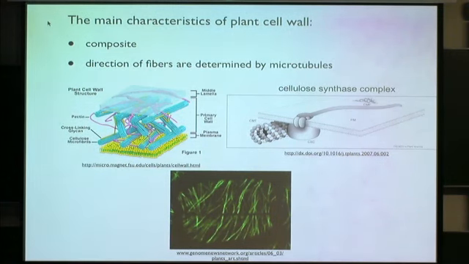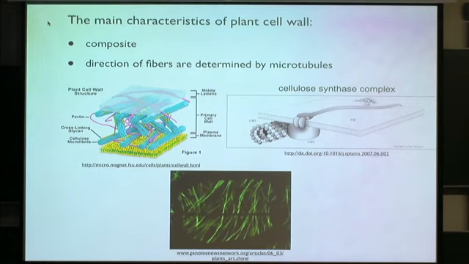If you look at the structure of the cell wall, the most rigid part of it is the fiber network. There are a lot of players, but the main components responsible for the rigidity are these fibers that are as stiff as steel.